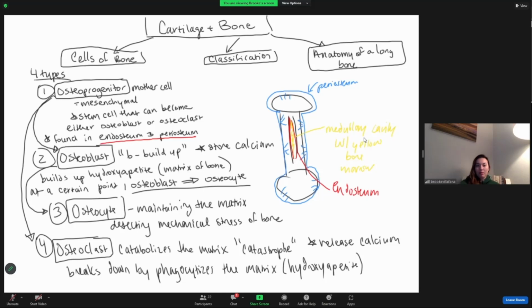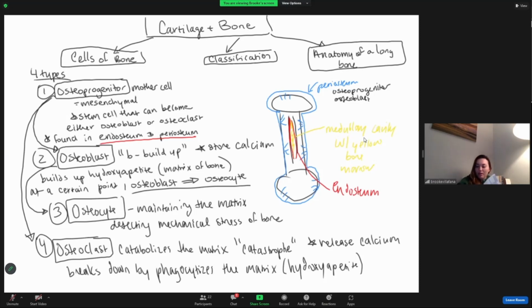Does this make sense? So we have the 4 types of bone cells. And then the other locations, I should have written this. For periosteum, we said that has the osteoprogenitor, and it also has the osteoblast. I said this yesterday, but I'll just repeat it.